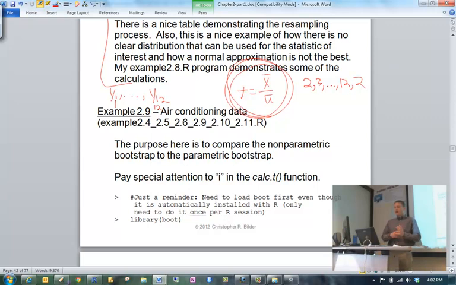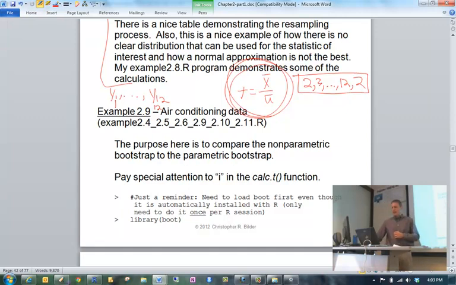That means that we have 2 y2s, 1 y3, down to 1 y12, and no y1s at all. And we can use this to tell us which of the y's we need in our resample. That's exactly what the boot function in R does when we use the non-parametric bootstrap.